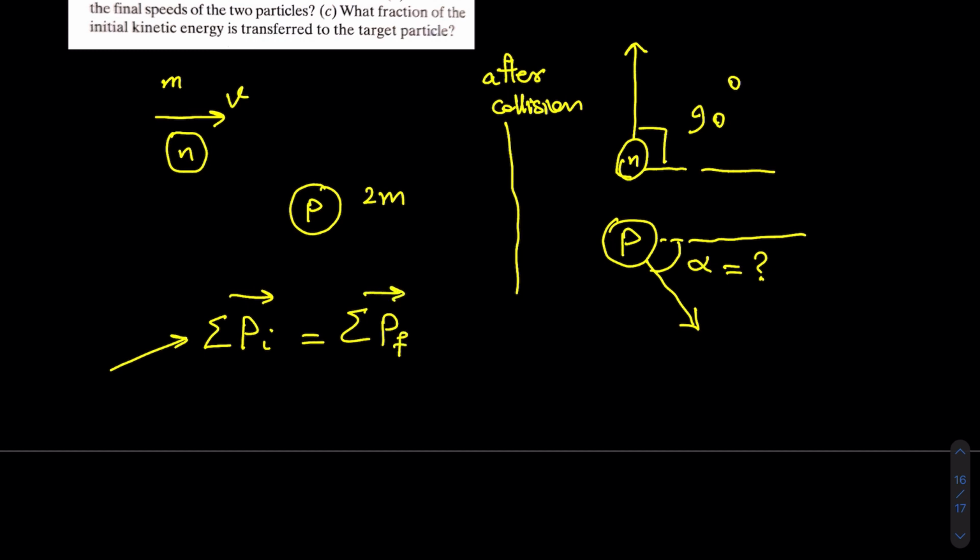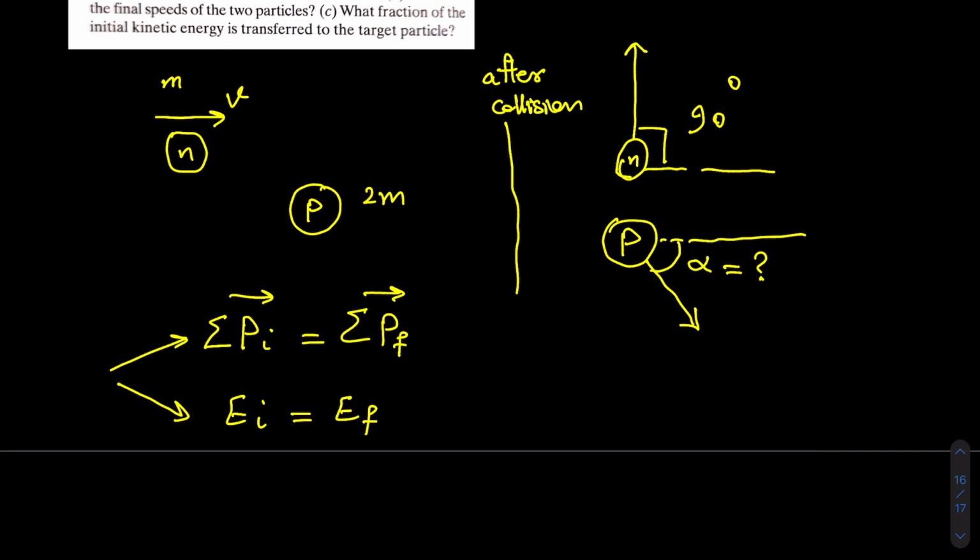So this is the sum of the momentum of the whole system before and after, if the system is made up of some particles. And the other condition is the energy is conserved, because it's elastic. So initial energy is equal to final energy, before collision equals after collision.